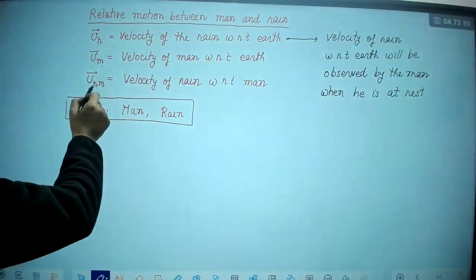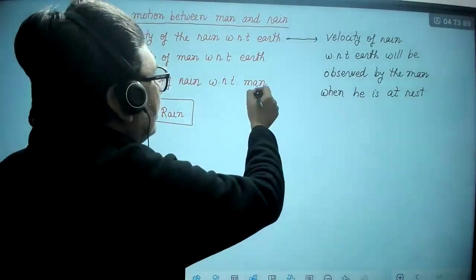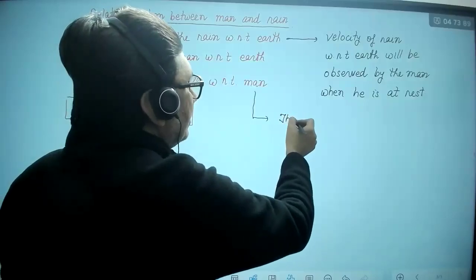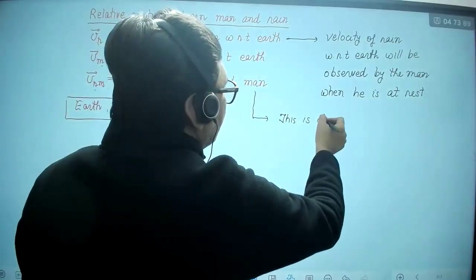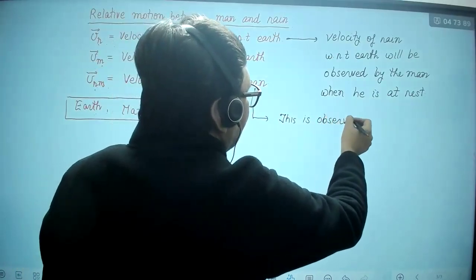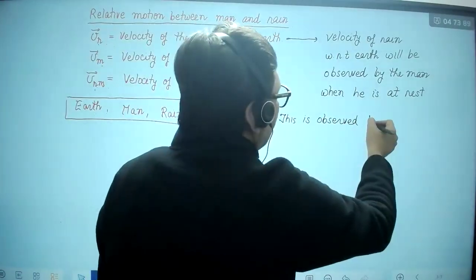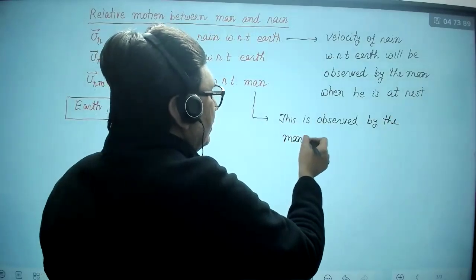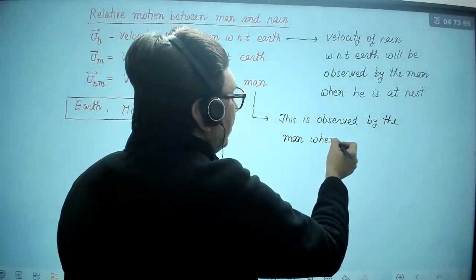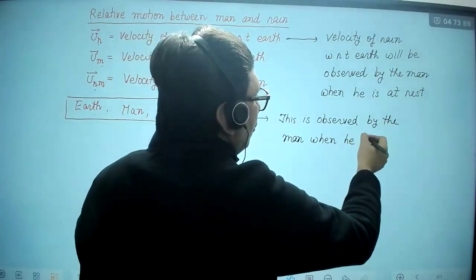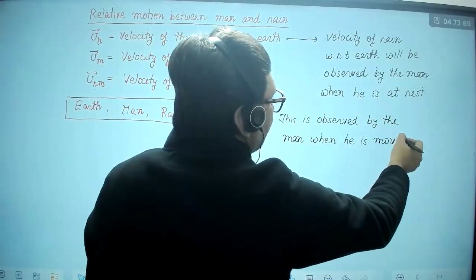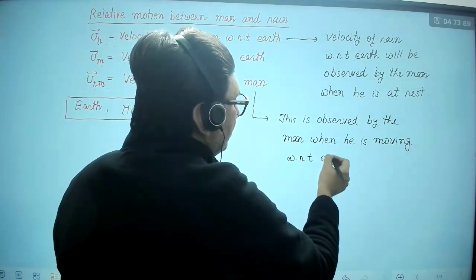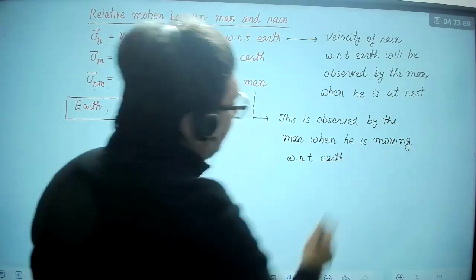And when you are going to observe this, velocity of rain with respect to man, ठीक है, this is observed by the man or observer when he is moving with respect to earth.